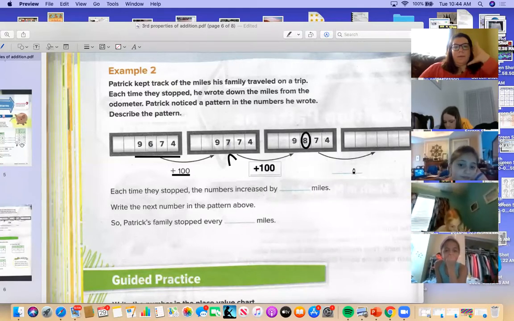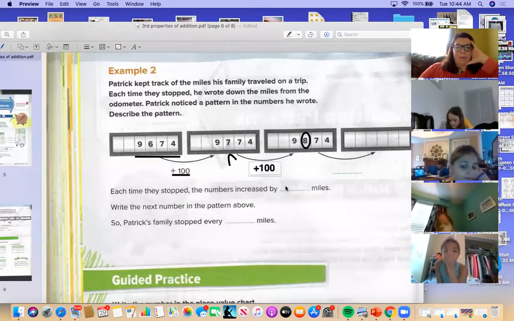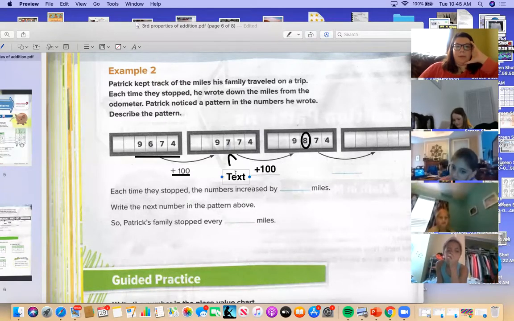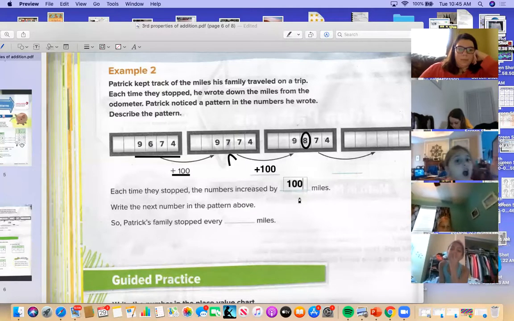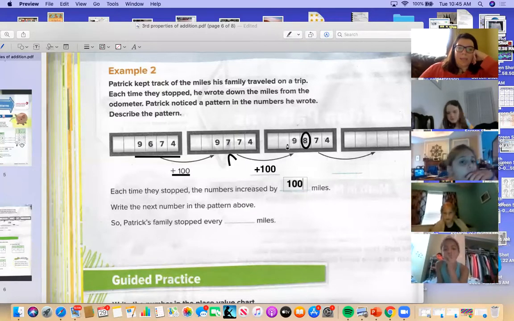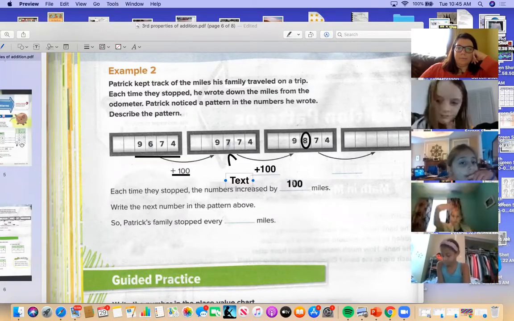Okay? Each time they stopped, the number increased by, it looks like, how many miles? 100 miles. So what would the next number be if we keep the pattern going? We're going to add 100 again.